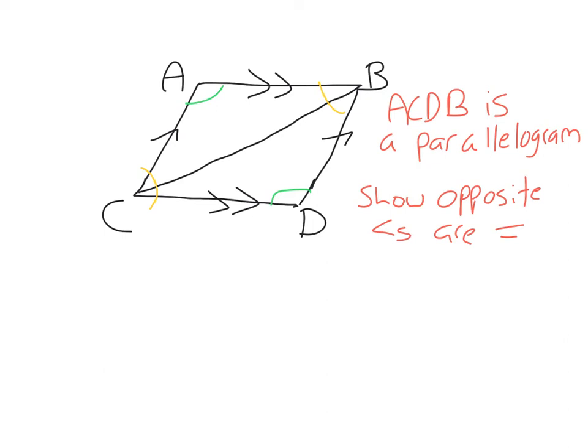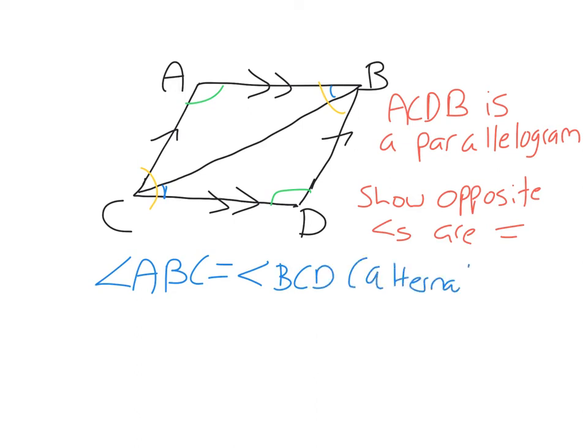Let's get to the proof first. So I know that this angle here and this angle here are equal. Now the reason they're equal is because I have parallel lines and they are alternate, just like in the last example. So angle ABC is equal to angle BCD, and the reason is they are alternate, okay? I actually have another pair of alternate angles.